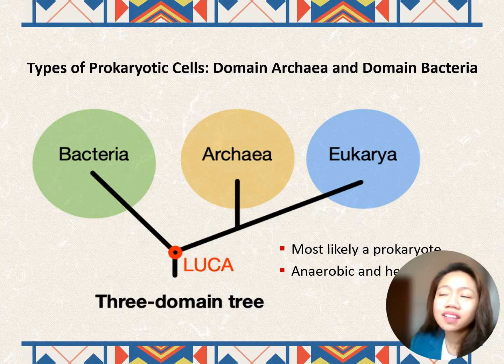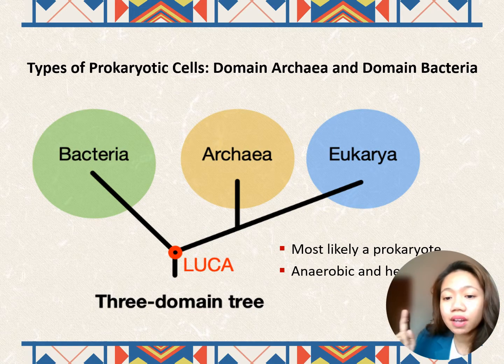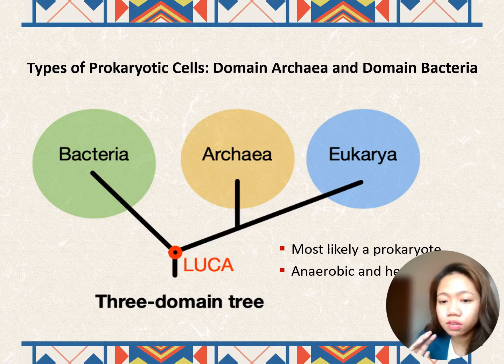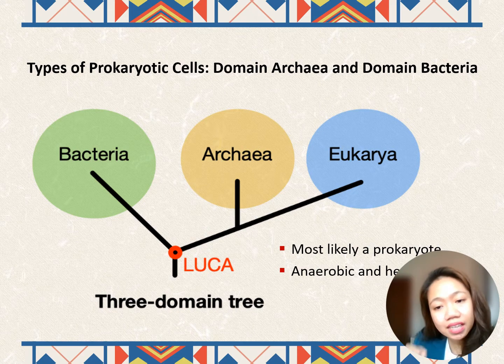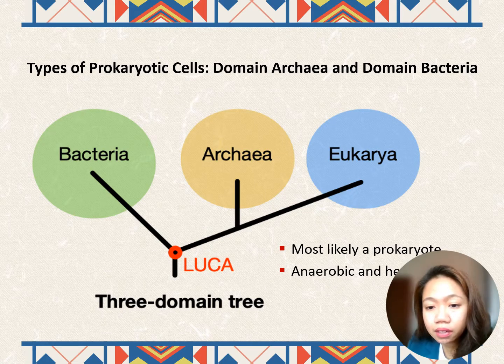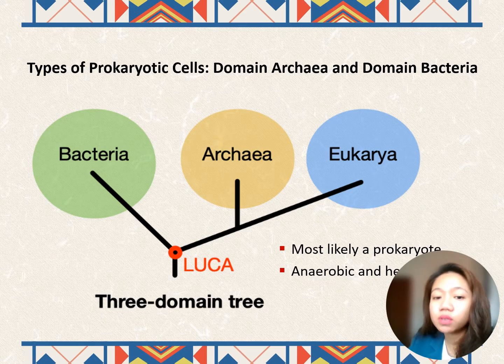Take note that the early Earth was not rich in oxygen since there were no photosynthetic plants and algae yet. So there is less oxygen on the surface, but the prokaryotes can survive this as long as they're anaerobic. Furthermore, the hypothetical LUCA is heterotrophic, meaning they take nutrients from their environment in order to survive.